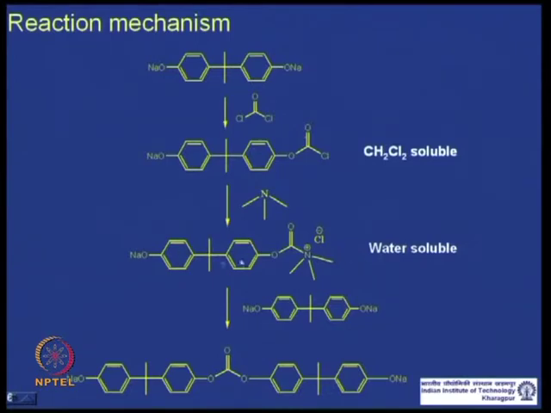So now you have a water soluble species, and they can do the reaction on the water side of the interface. So, the reaction becomes faster. So, you have to add this amine catalyst to facilitate the reaction and have it happen in a fast way.